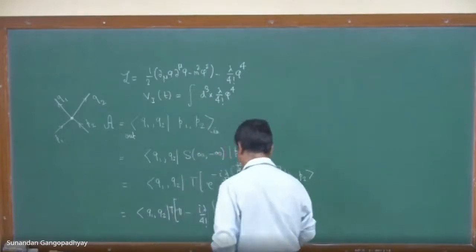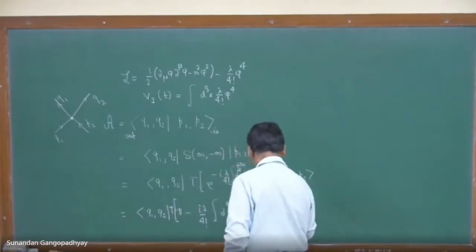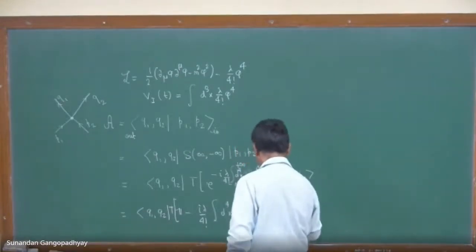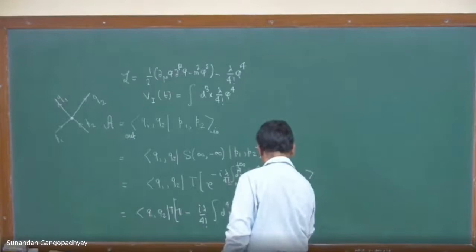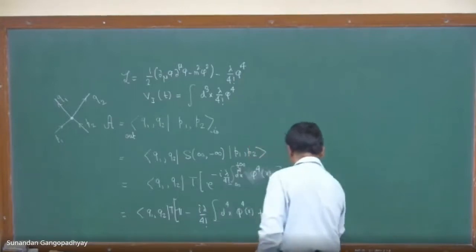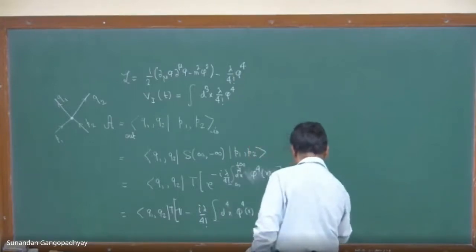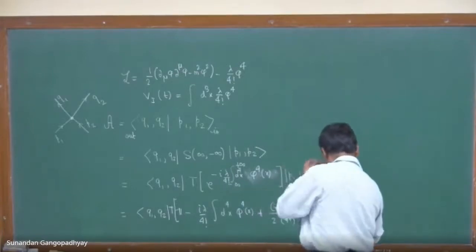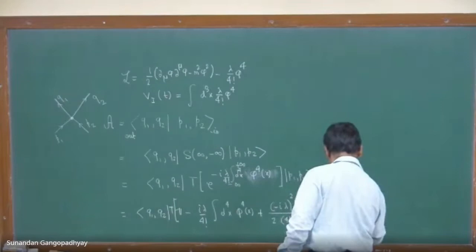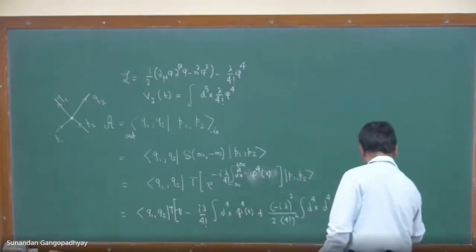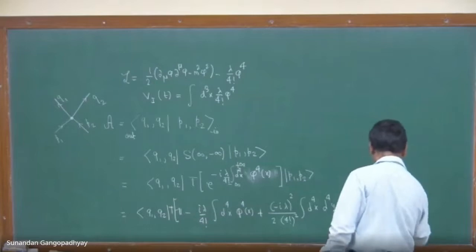Then plus minus i lambda squared by 2 factorial, whole square, d^4x d^4y phi^4(x) phi^4(y), plus so on.